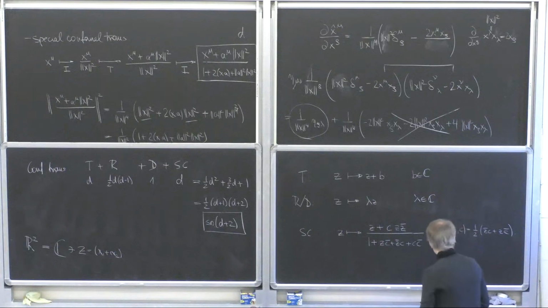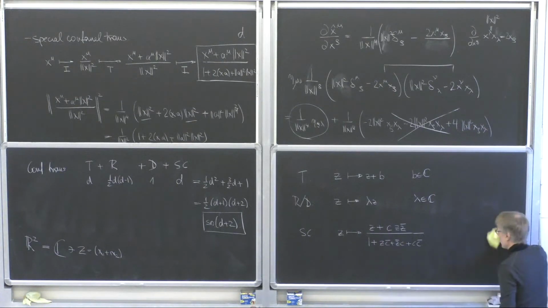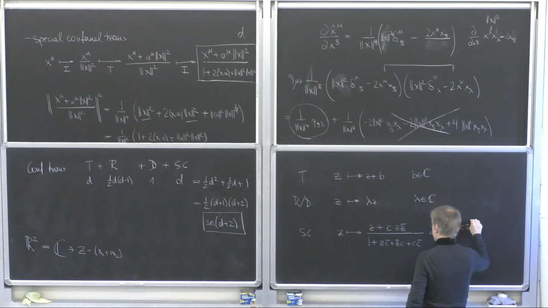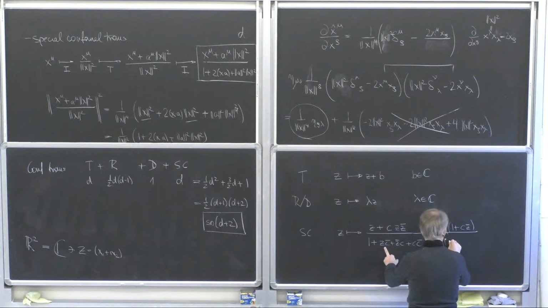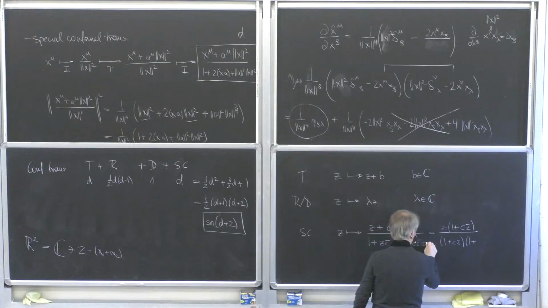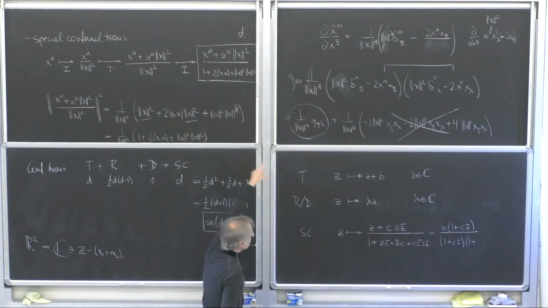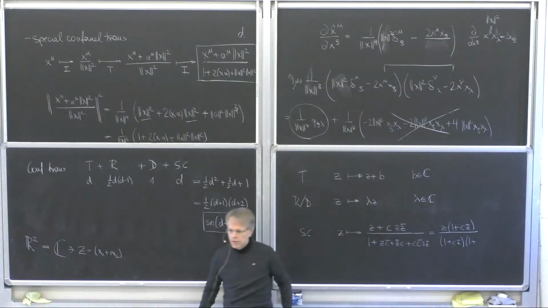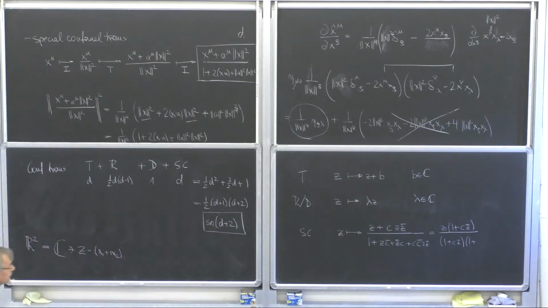And now if you stare at this formula, you see it has a very nice structure. This is of the form Z times 1 plus C Z bar, divided by, and the denominator also factorizes, right? Oops, sorry, I've forgotten, there's a Z Z bar here as well. There is an a squared x squared, so this is what I call A, which I've now relabeled as C, and Z squared, so there's a Z bar, C bar, Z bar.